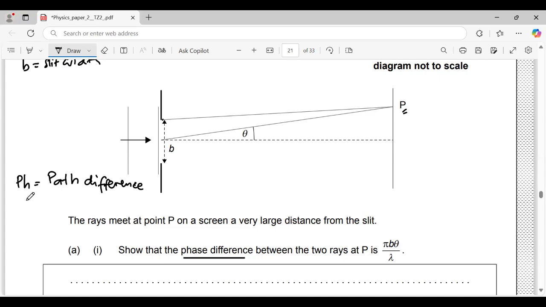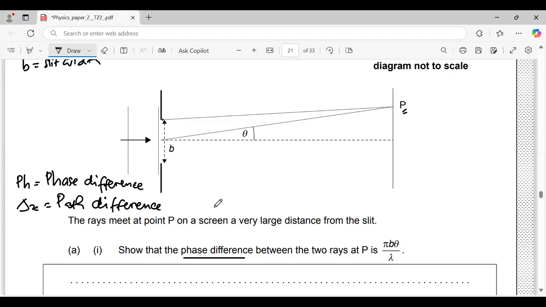Delta x is the path difference, because there is a difference between path difference and phase difference. This is phase difference, right?